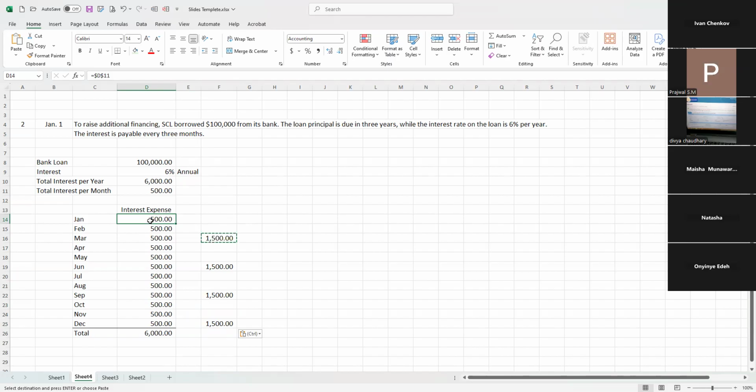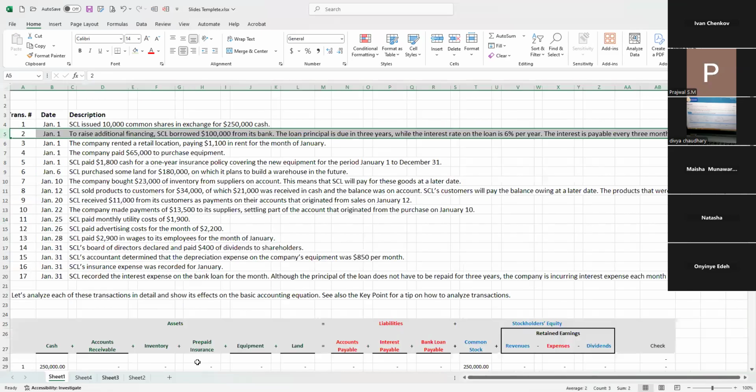Yes. Do we owe them money for the fact that we used the money? Yes. The fact that we don't have to pay now doesn't change the fact that we owe them money. So do I have to show this expense in January? Yes. What will that be? Interest payable, 500.